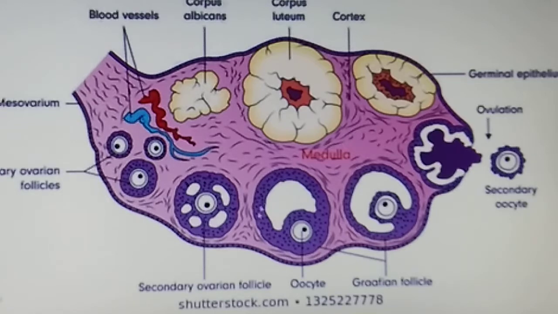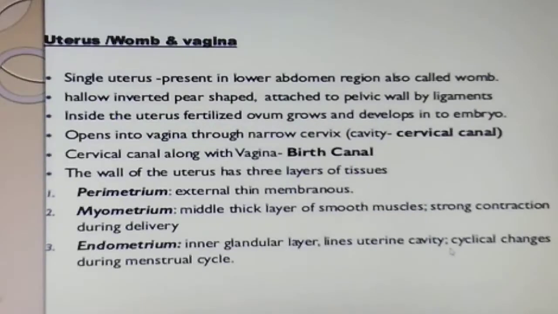Then an oocyte is formed, then the Graafian follicle, then the secondary oocyte. Then there will be a corpus luteum. These are the structures that form inside the ovary only, and this is what the ovulation process is. With the help of this ovulation process, a mature ovum is released from the ovary.